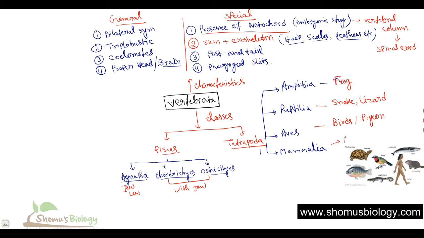Mammalia: human, whale, etc. Now the example, if I'm going to go for the Chondrichthyes and Osteichthyes. The example of Chondrichthyes: shark, stingray. Osteichthyes: rohu, Labeo rohita, for example. So these are all the different classes that we have.